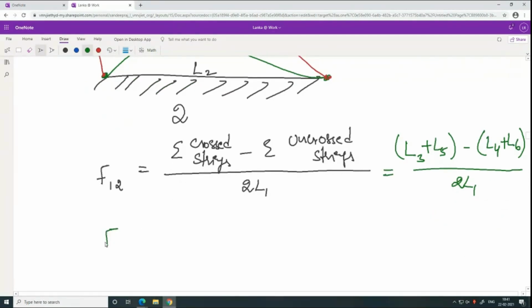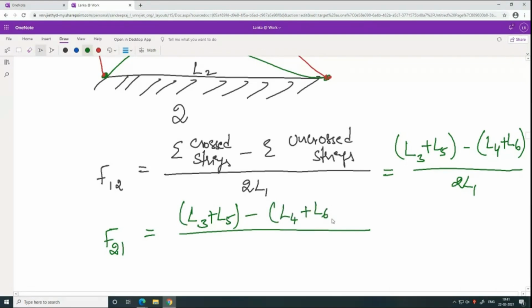And you can also find out F21. What will be F21? Can you guess? It is the same, only in place of L1 you have to change it to L2. That is the only change you will get for F21. So the numerator remains the same: L3 plus L5 minus L4 plus L6 by 2L2.